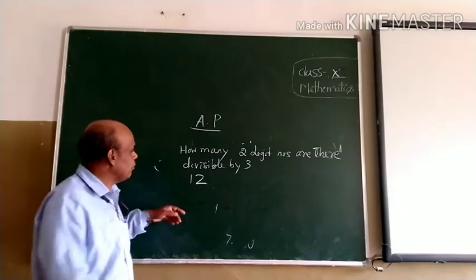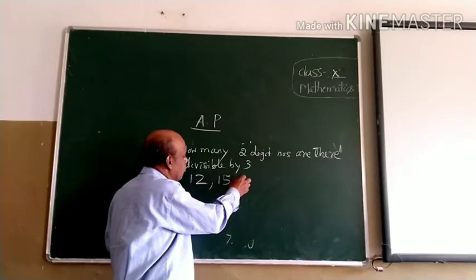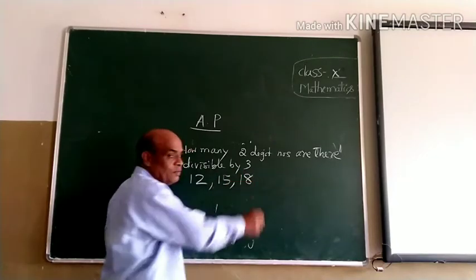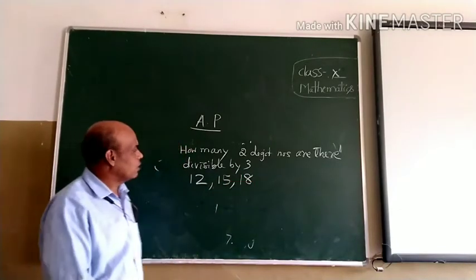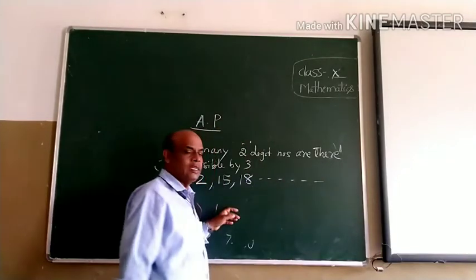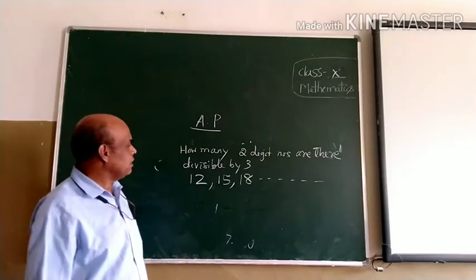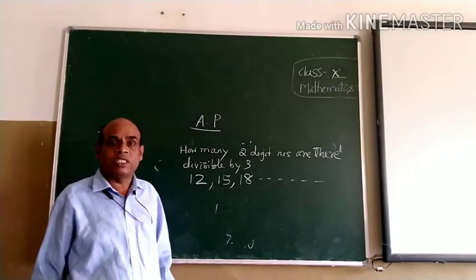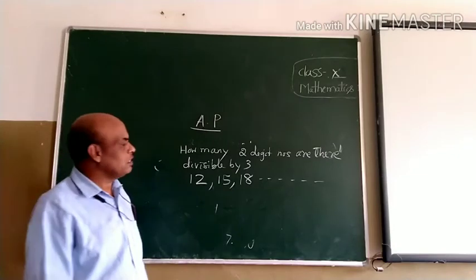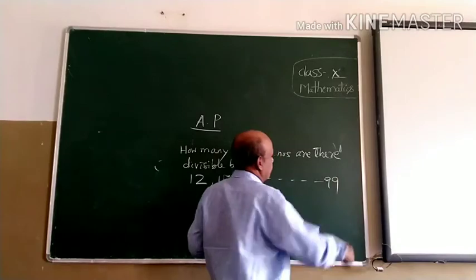The next number will be 15, the next number 18. Like this, what will be the last number? It is divisible by 3 and a 2-digit number, so the last number will be 99.